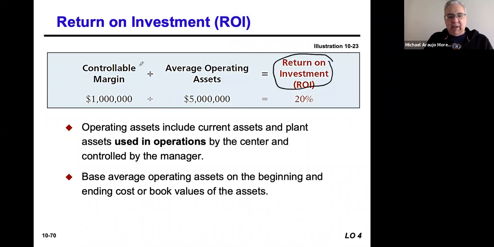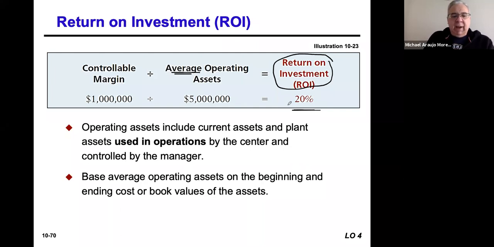We take the controllable margin and divide it by your average operating assets. So average operating assets is beginning and ending operating assets divided by 2, right? So in this case, we had $1 million controllable margin over $5 million of average operating assets. So the return on investment here in this example is 20%, which is fantastic.